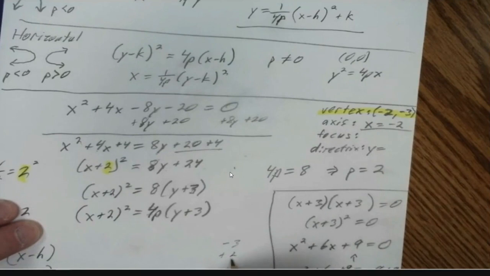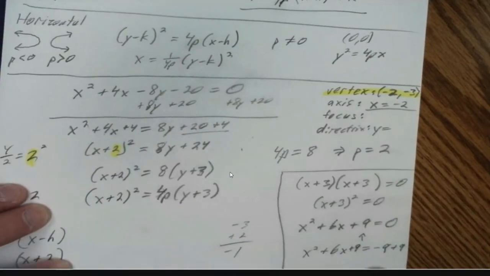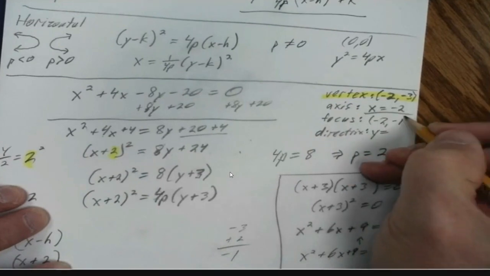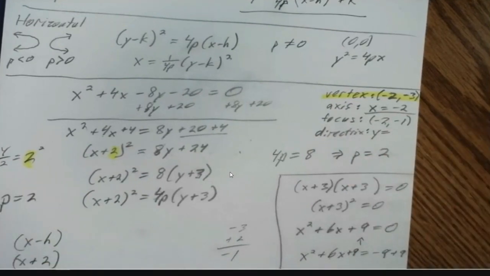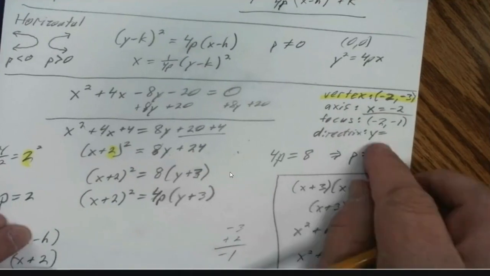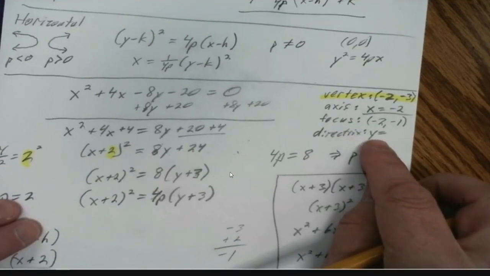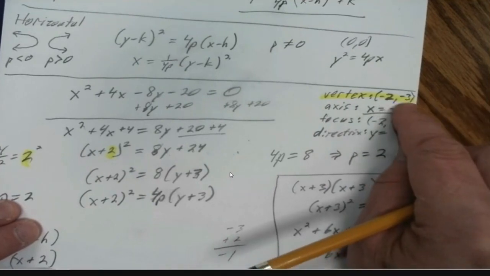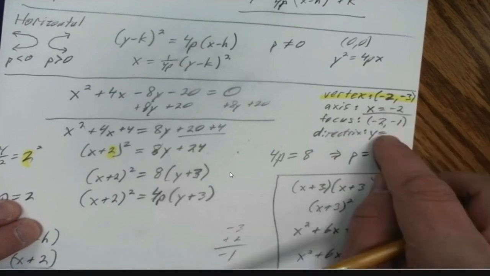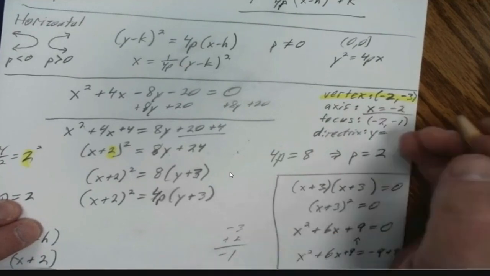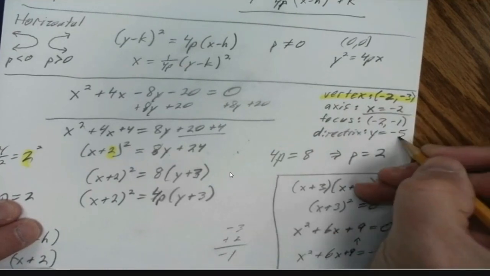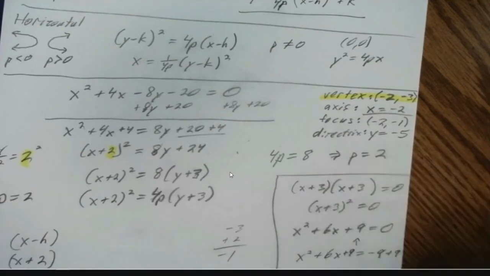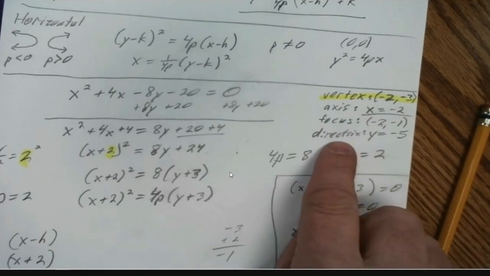Negative 3 plus 2 is negative 1. So our focus is at the point negative 2, negative 1. We'll graph this in just a moment. Our directrix is going to be 2 below the vertex, so it's going to be at y equals negative 5. We subtract the 2 from the vertex to get the directrix.